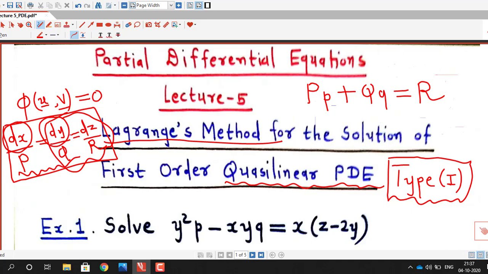So if we have this type of situation, then we can find out u and v by directly comparing fractions. So this is the first type of solving Lagrange auxiliary equations. Today also we are going to discuss two more problems on type 1, and in upcoming lectures we will discuss the remaining types up to type 4.